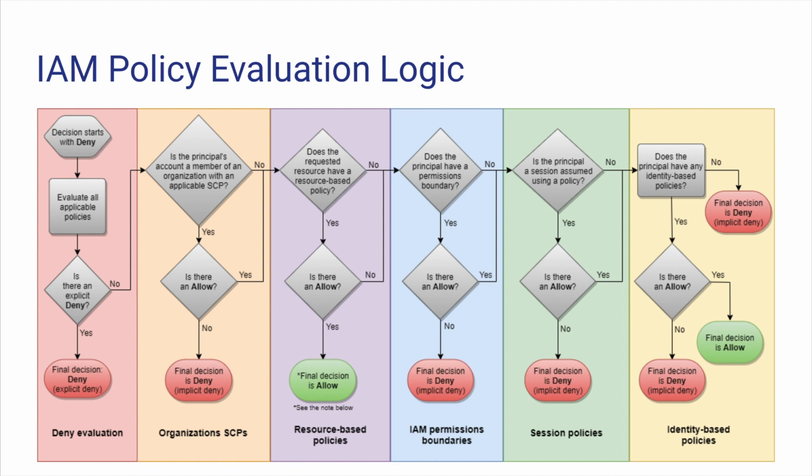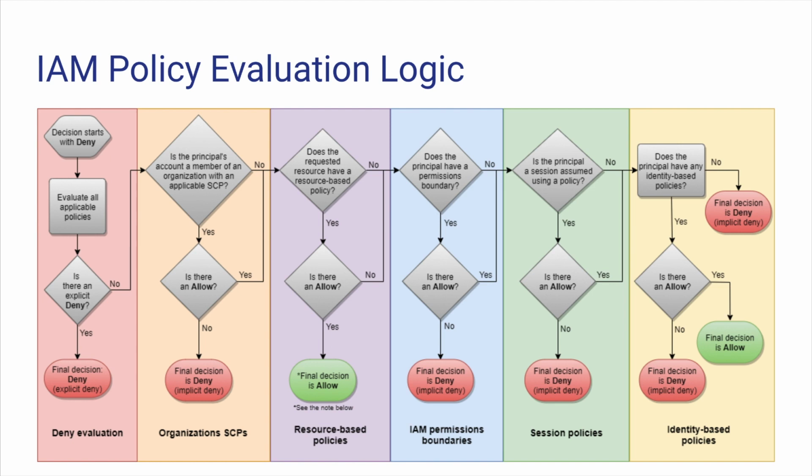But if you don't have it on that given resource, and you can't attach resource-based policies to each and every AWS resource. There are certain resources that support these, and most of the resources don't support this. So again, if you don't have this resource-based policy, AWS will check if there is any IAM permission boundary.